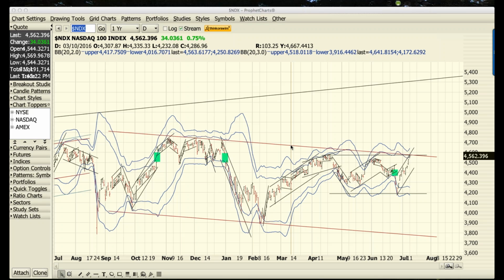What's been variable is the angle of the short-term pattern. So the angle of the short-term pattern has changed, but the angle of this declining red channel has been in place really since back in September of last year, and has not changed.